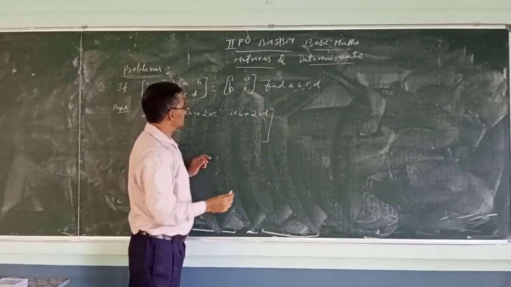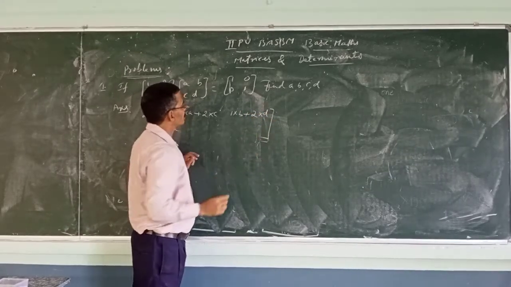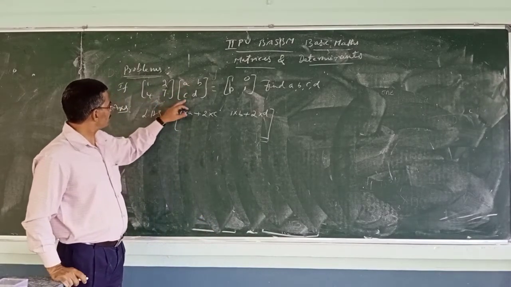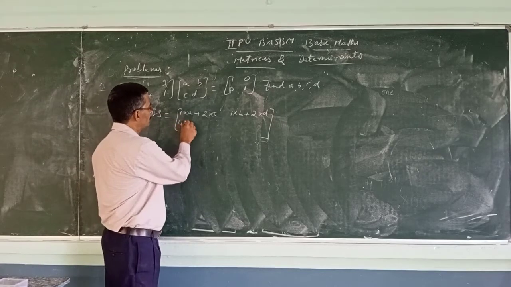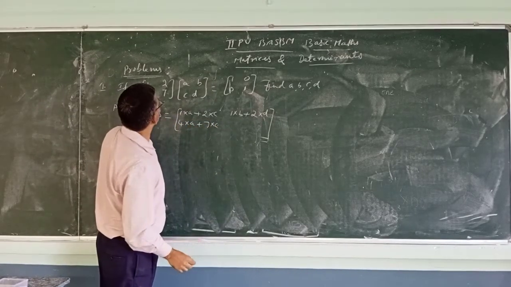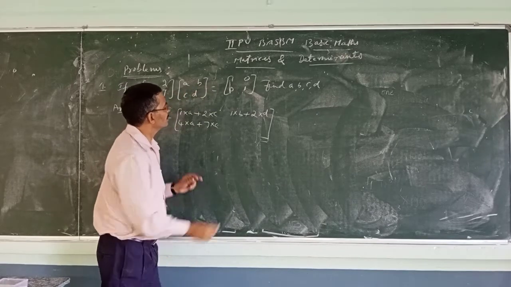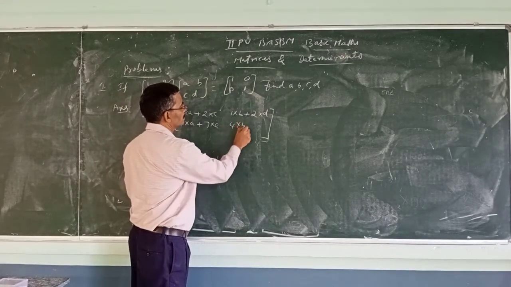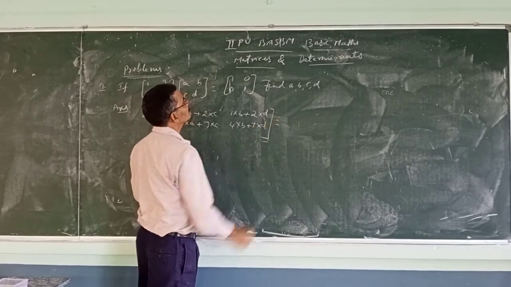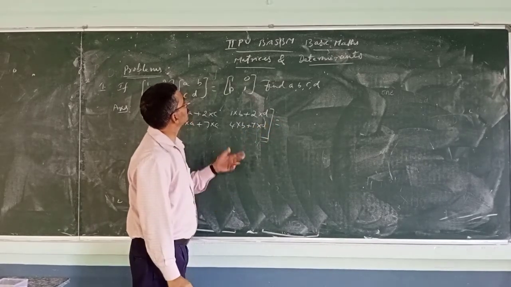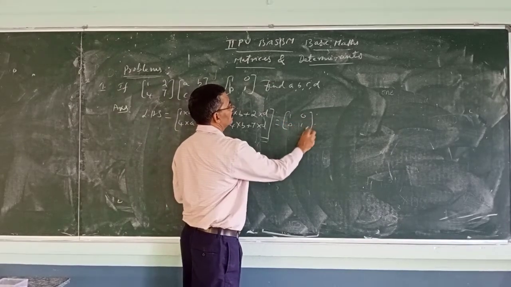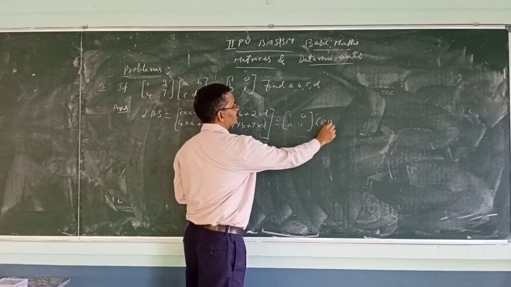This completes the first row. Next, 4 into A plus 7 into C, and 4 into B plus 7 into D, equal to the right hand side, 1 0 0 1, which is given.